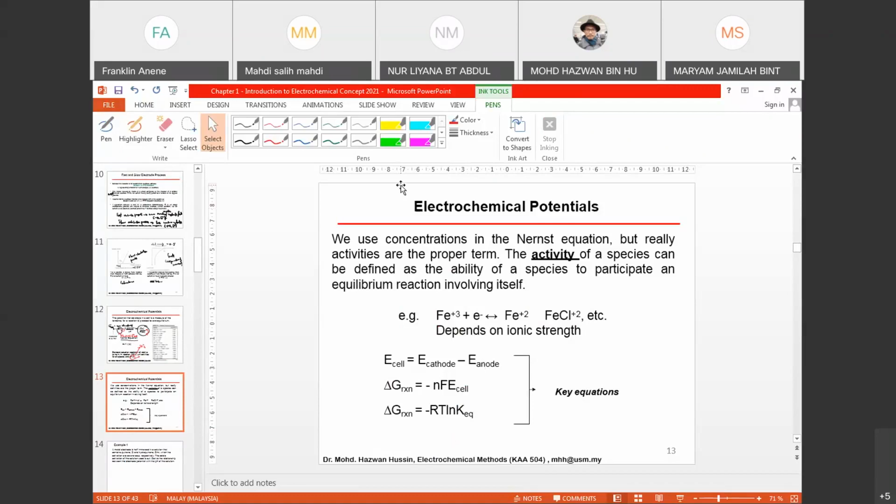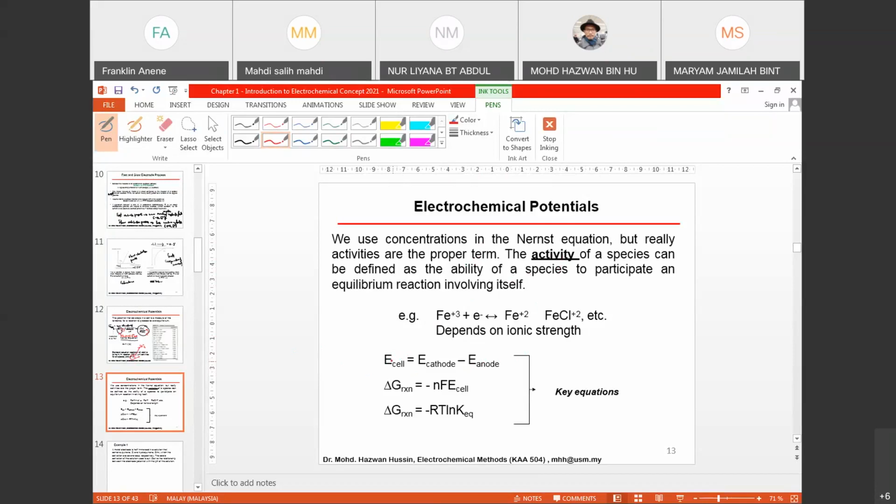So that is why in any cell potential calculation for non-standard condition, we will actually consider activity as the active species that play into a role that affecting potential and whatsoever. Okay, right. So this is actually what we have known.